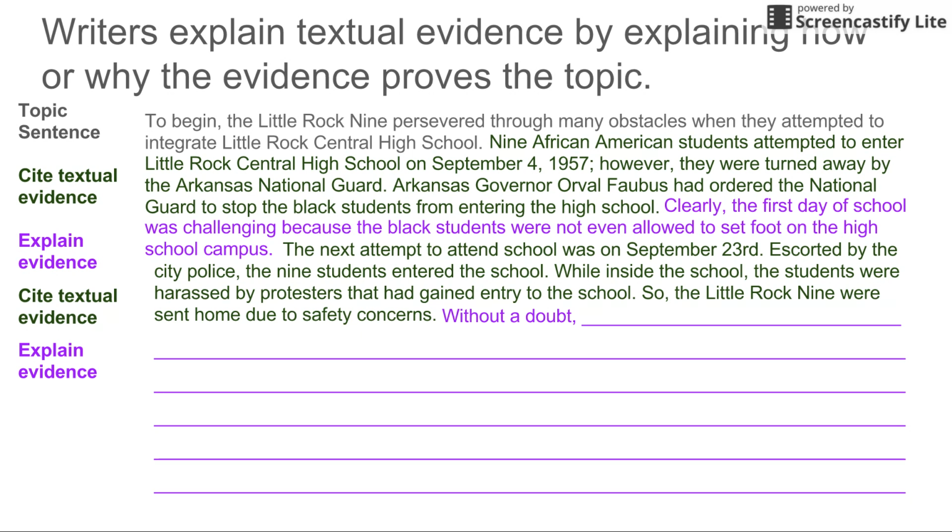And now it's your job to write a sentence that proves and reminds the reader why the events of September 23rd are considered an obstacle for the Little Rock Nine. When you are done writing the explanation of the evidence, raise your hand and I will come check in with you.